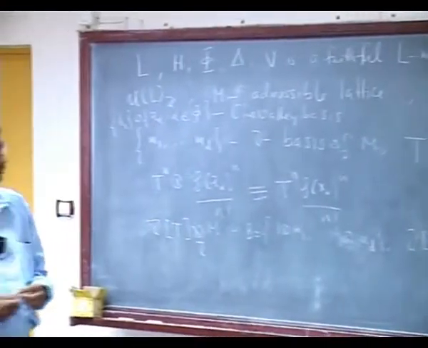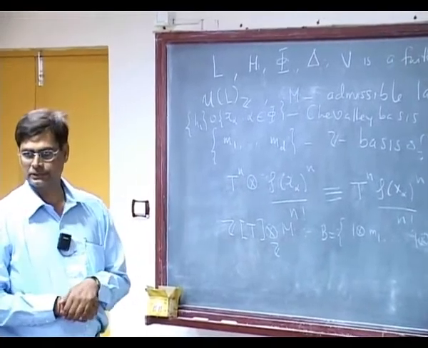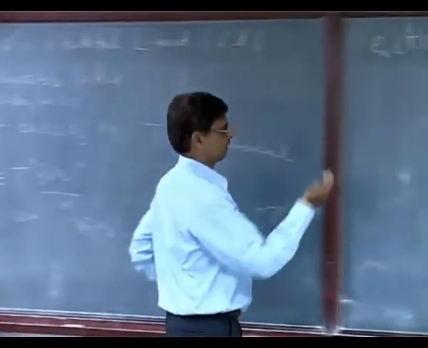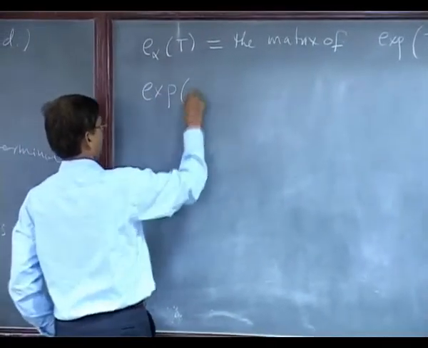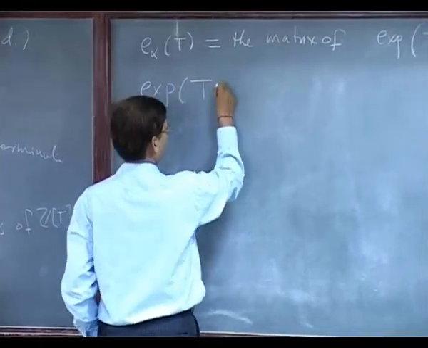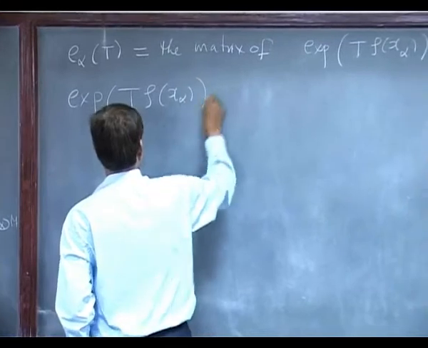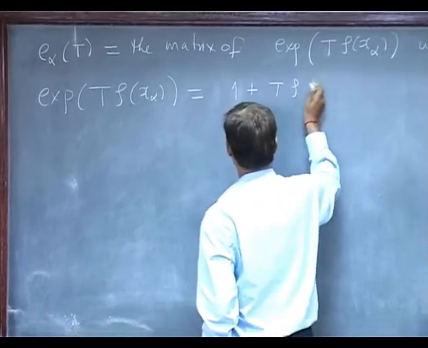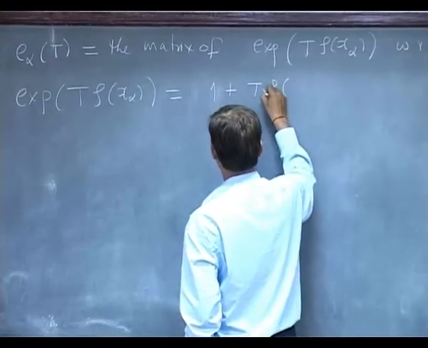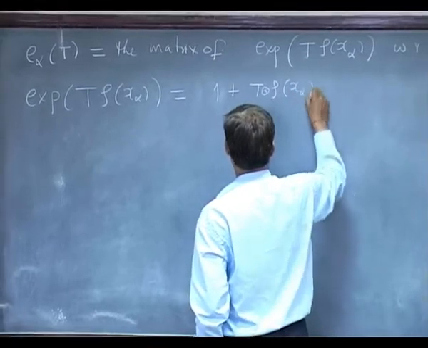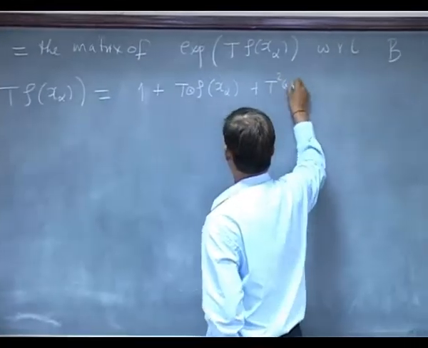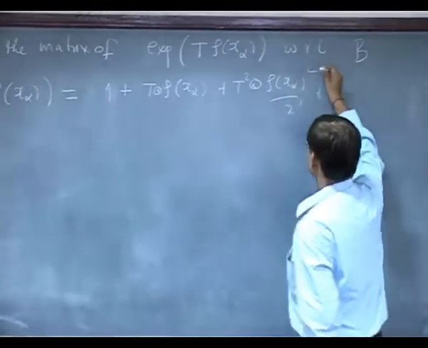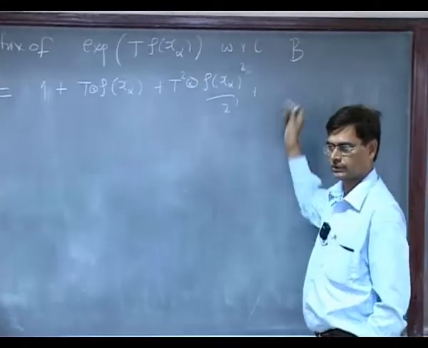So, now see, what is the entry of this matrix? Since of how this transformation is going to act, if you remember, this exponential T rho(x_alpha) is 1 plus T rho(x_alpha), so this T means T tensor, plus T square rho(x_alpha) square upon factorial 2 and so on, and since it is nilpotent, it is going to 0 after a certain stage.